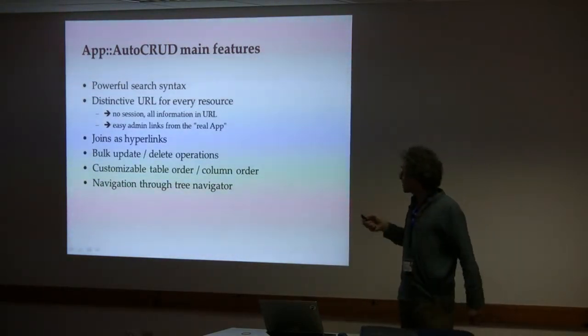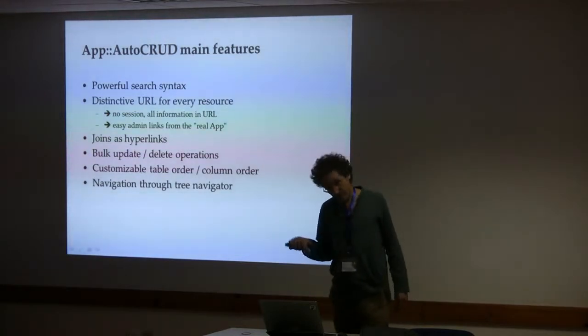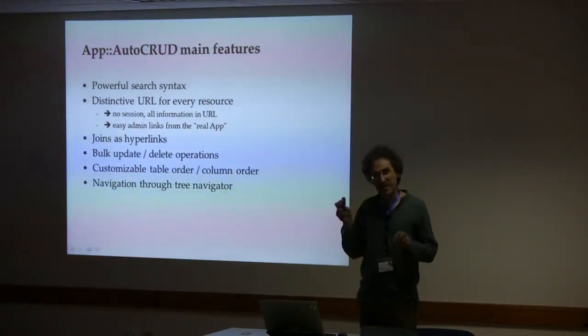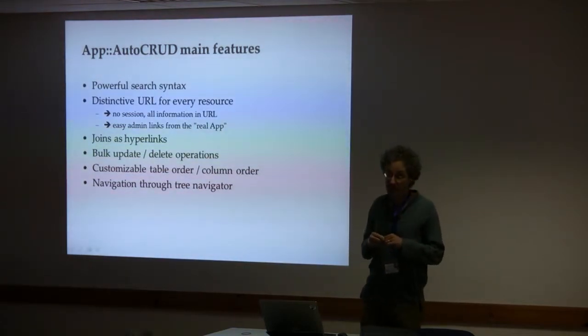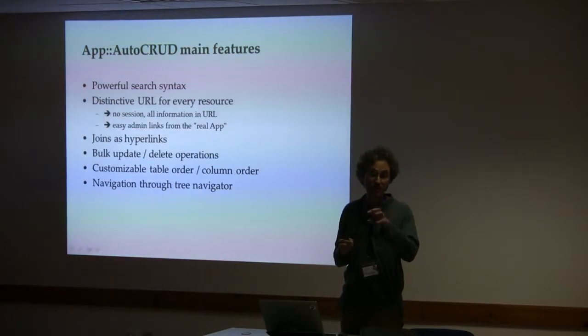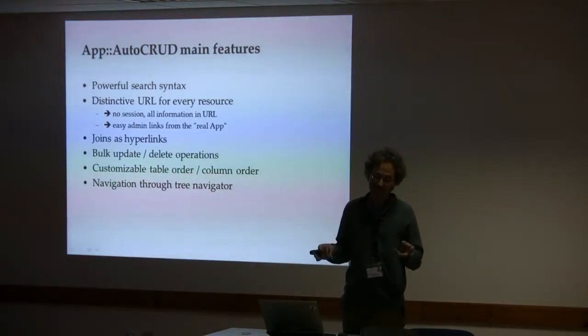Okay, the main features we have here: we have a very powerful search syntax. We have this notion that every resource has a URL. Every resource means not only every table and record, but also every search form, for example.